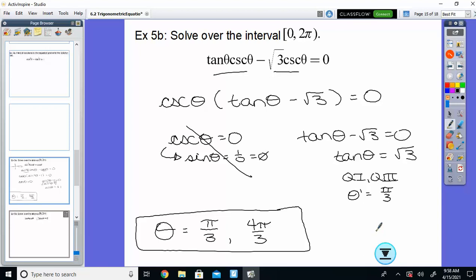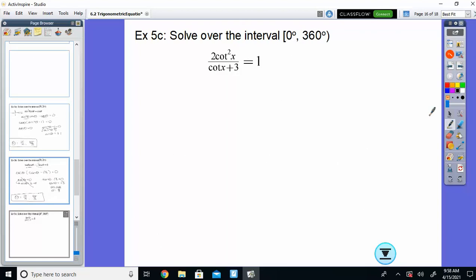Let's do cotangent squared x divided by cotangent x plus 3 equals 1.